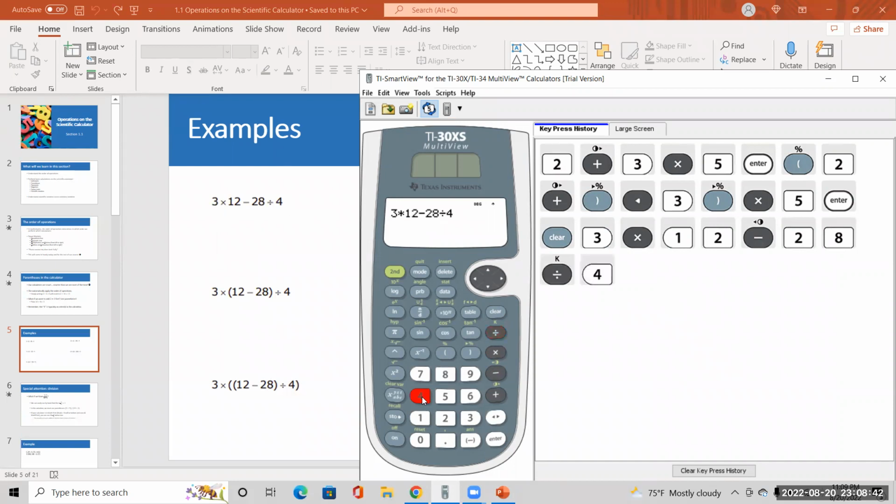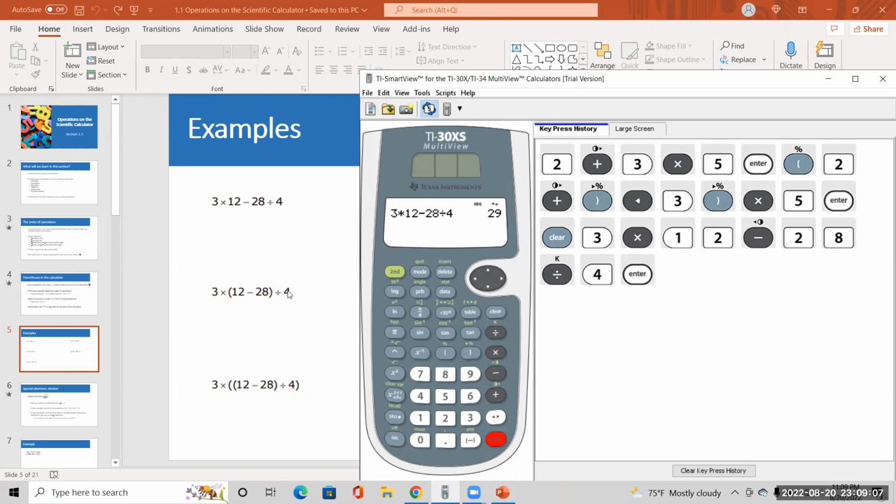Now you should be able to do this in your head, right? 3 times 12 is going to be first. So we're going to have 36 minus, and then that 28 divided by 4 groups together, which is going to be 7. Should give us 29 if we do a little bit of mental math. But if you can't do mental math that quickly, don't worry. Use your calculator. Sure enough, it gives us 29.